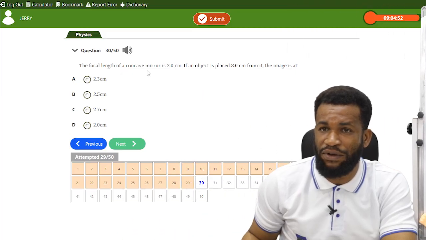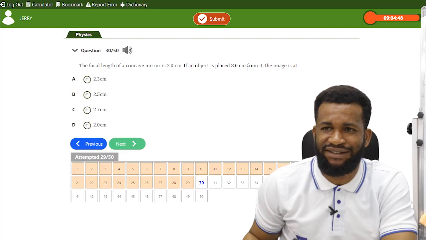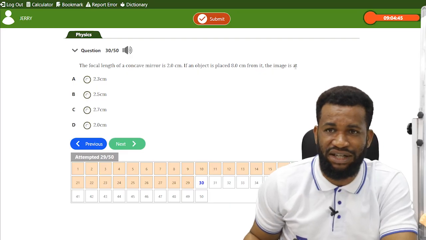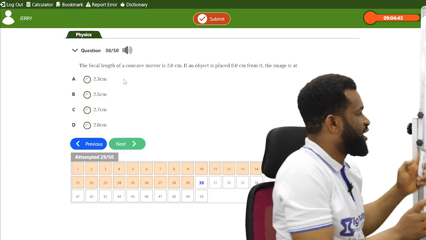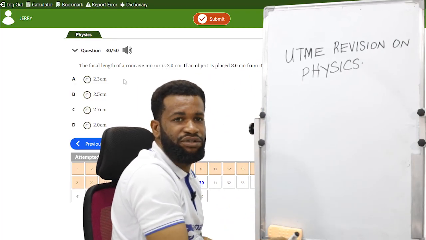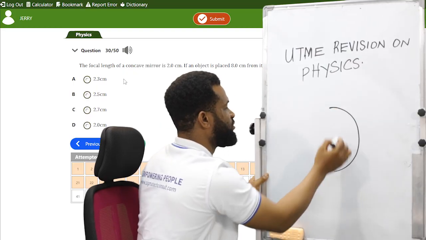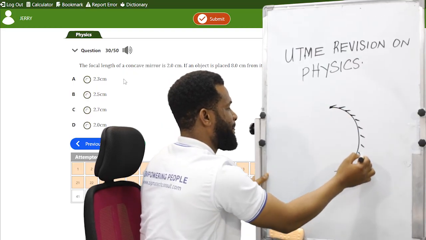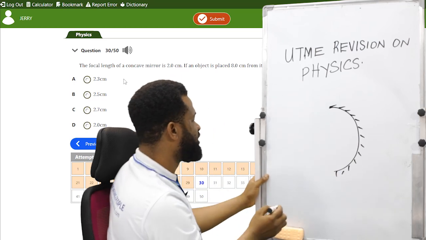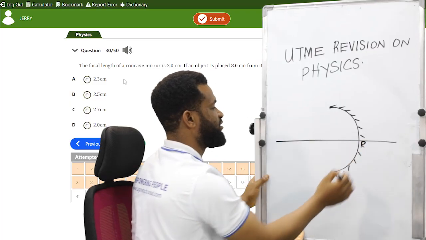The focal length of a concave mirror is 2 cm. If an object is placed 8 cm from it, the image is at? Now, this is a concave mirror. In this concave mirror, this is the principal axis, and this is the pole.